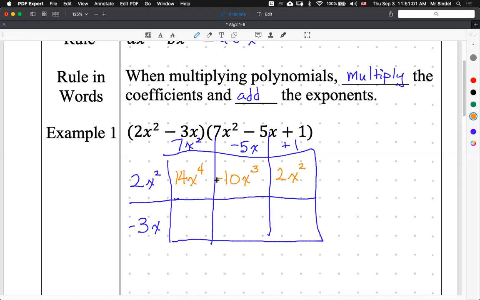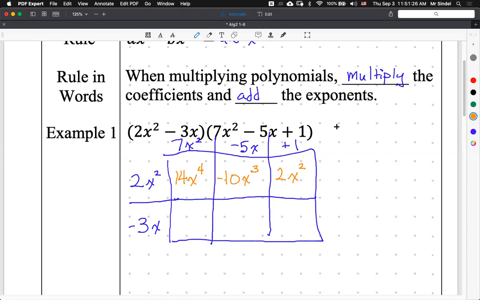Bottom left. Someone that has not participated. And yes, Josie. Uh-oh, you're still muted. Negative 21x.